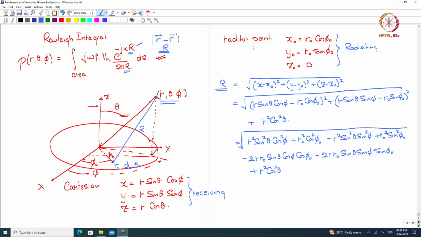Let me maybe extend it like this. So this added to that gives me r square sin square theta. Combined with this, it gives me r square.